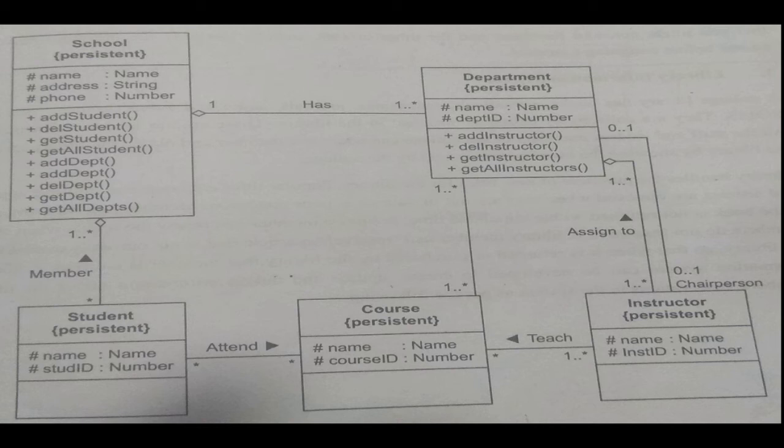One of these associations specifies that every instructor is assigned to one or more departments, and that each department has one or more instructors. That's why an assigned-to relationship is specified between the department and the instructor.